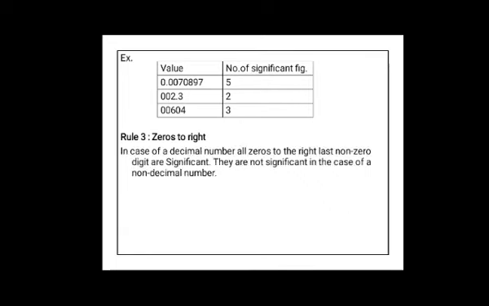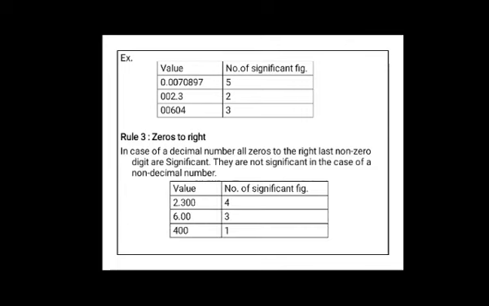Now see rule number 3, that is zeros to the right. In case of a decimal number, all zeros to the right of the last non-zero digit are significant. They are not significant in case of non-decimal number. Means what? Take example now. 2.300.